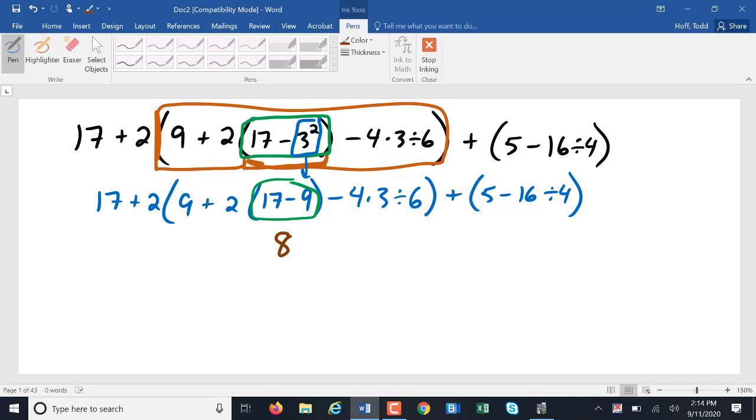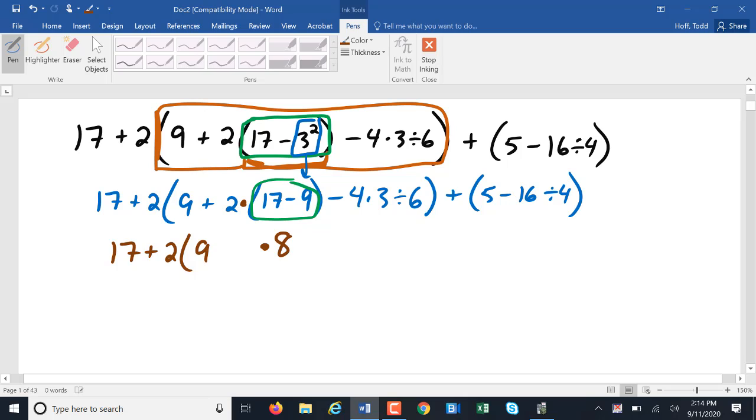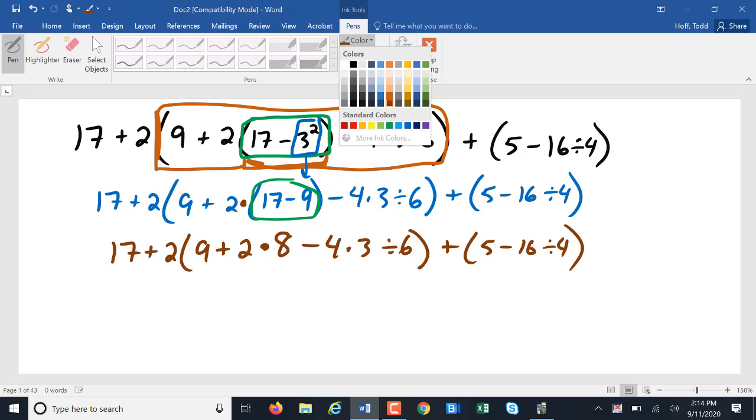Is the parentheses doing anything else in this problem? There you go. It's signaling that multiplication there. So I have to make sure I put in that multiplication. So now that parentheses is gone.